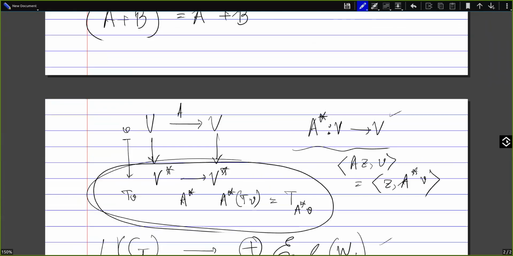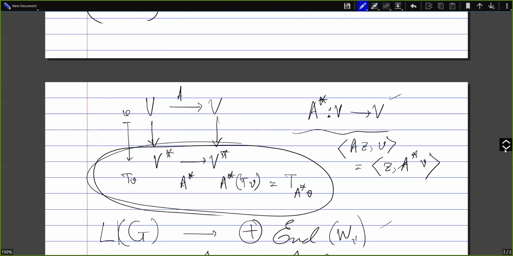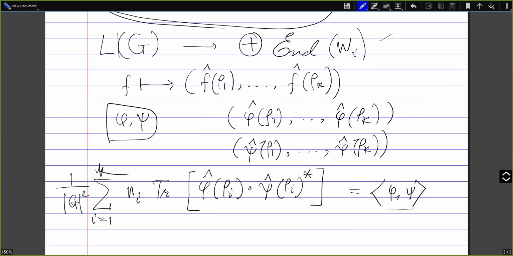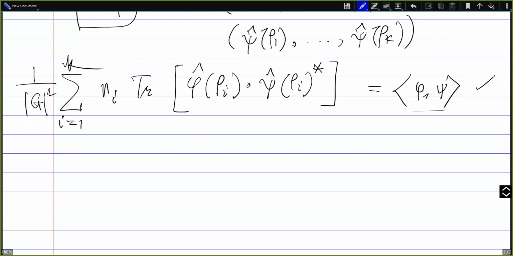So you see that both sides are indeed linear in both phi and psi. In view of that, if we wish to prove the formula, it is enough to prove it when phi and psi are basis elements. So we will now prove the formula when phi is e x and psi is precisely u i.